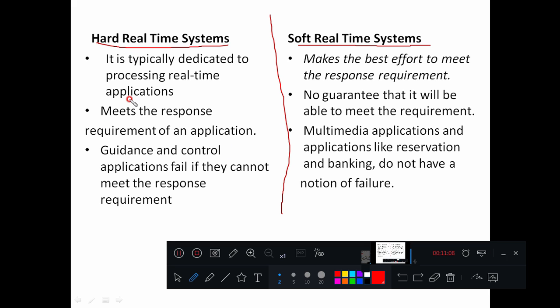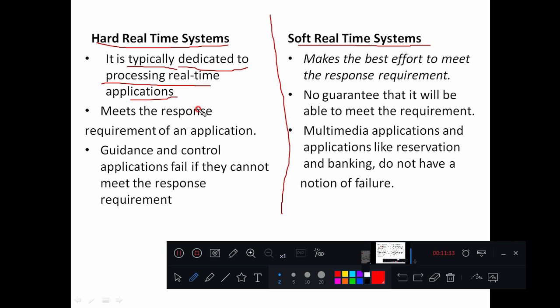So first, what is a hard real-time system? It's a real-time operating system which is typically dedicated to processing real-time applications, right? Hard means that the processes need to be terminated, or certain actions need to be taken, within a given time.